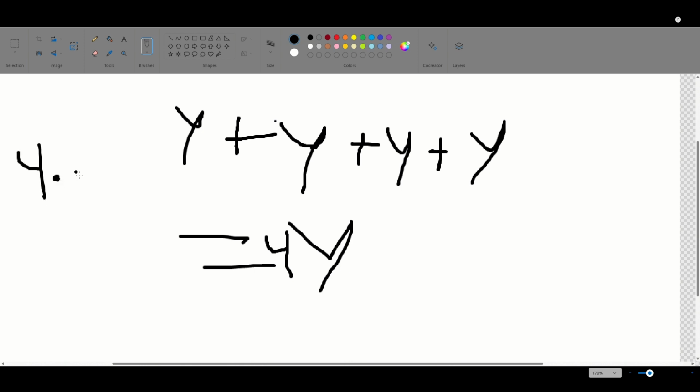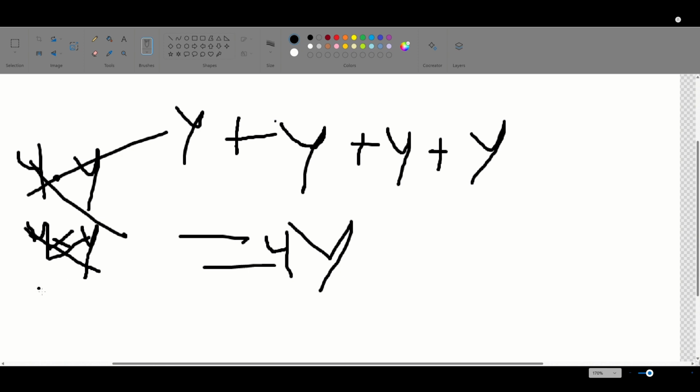And when you're doing algebra, you're basically gonna try to drop out the dot. You're definitely gonna want to drop out the x because it gets confusing. For x, y, 4 times y, it's confusing.